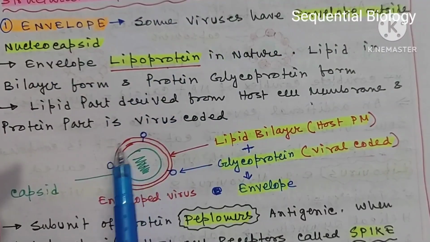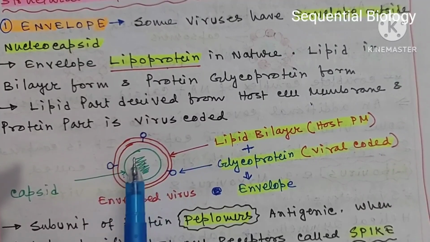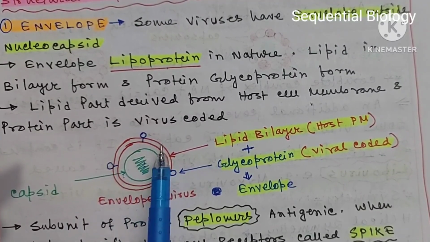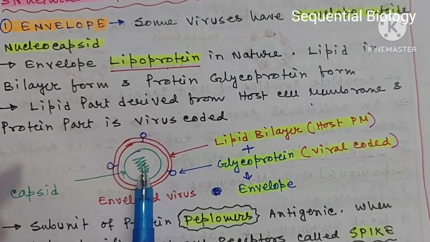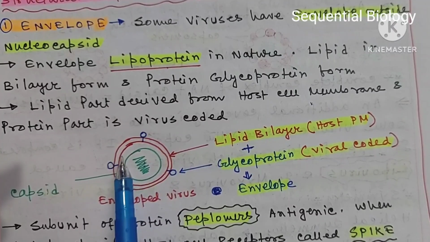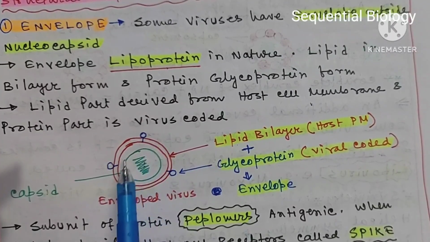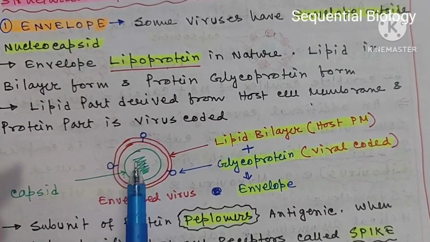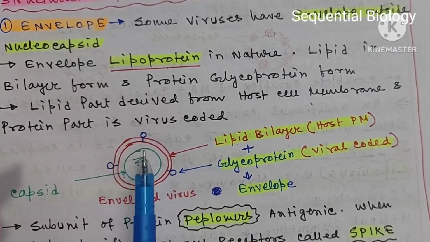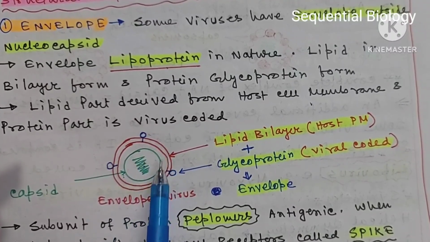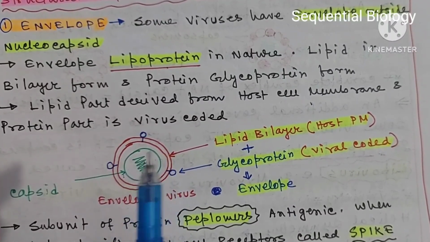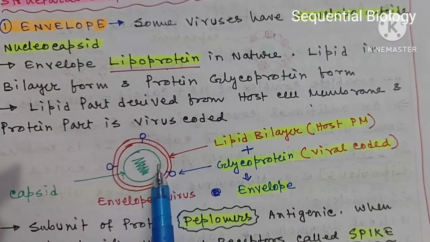Okay, these are the basic structural components of a virus: the envelope, inside this envelope the capsid, and inside this capsid the nucleic acid. In some viruses, just outside the capsid, another lipoprotein layer is present. Viruses which possess this lipoprotein layer are called lipoviruses.